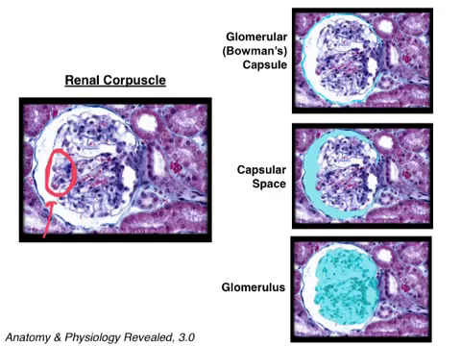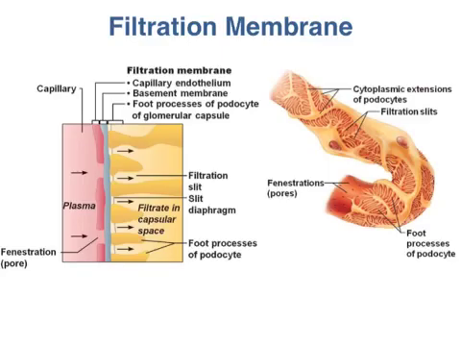And it's referred to as the filtration membrane. If you could zoom in super close on a single capillary of the glomerulus, this is what you'd see. You can see the capillary itself under here, and you can see the fenestrations, the pores or openings in the endothelium of the capillary. These cells, the podocytes, are the cells that make up the visceral layer of the glomerular capsule.